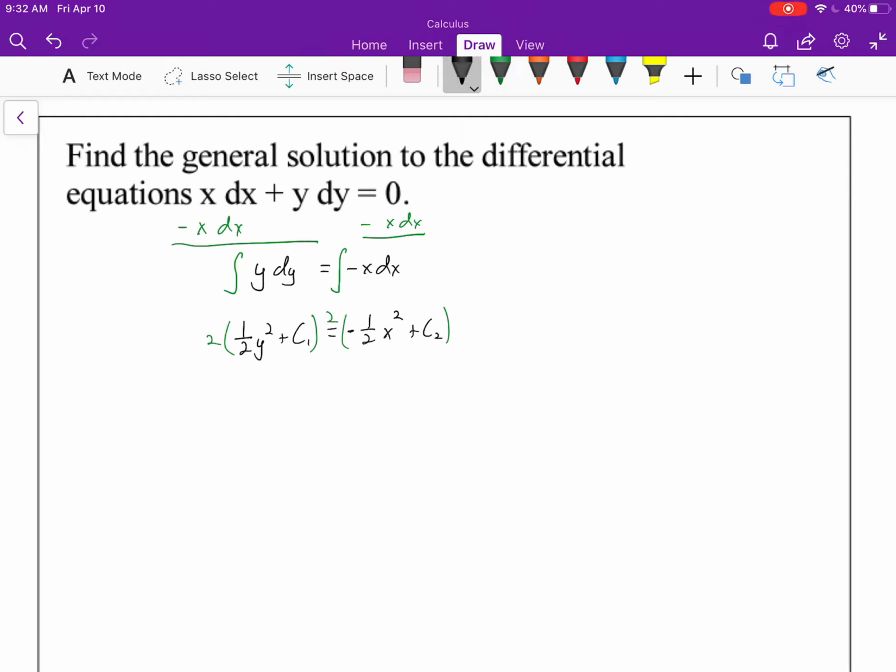We don't have to put the 2 in there, so we have y squared plus some constant, we'll put c sub 3 because it is different, equals negative x squared plus c sub 4. We'll subtract this from both sides, which gives us y squared equals negative x squared plus some c value.